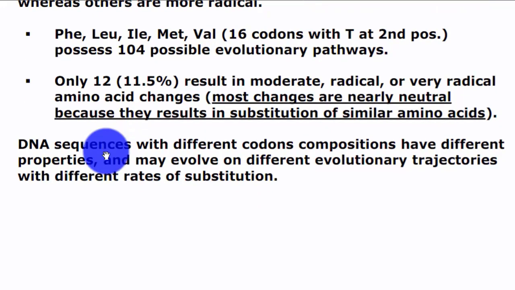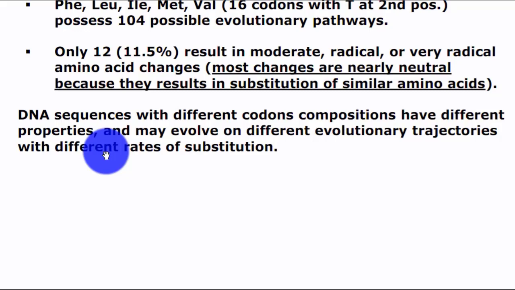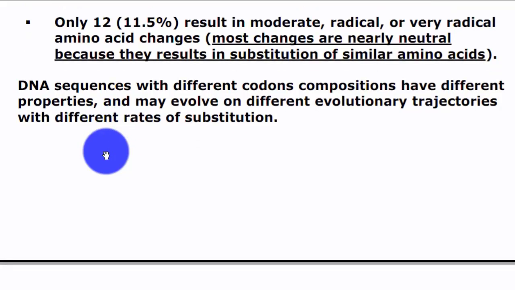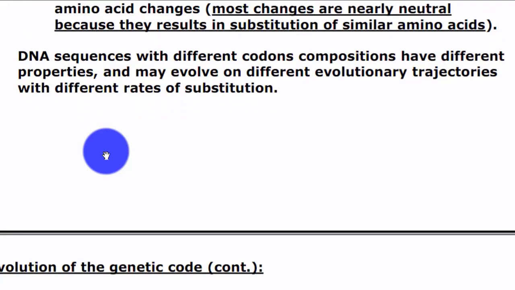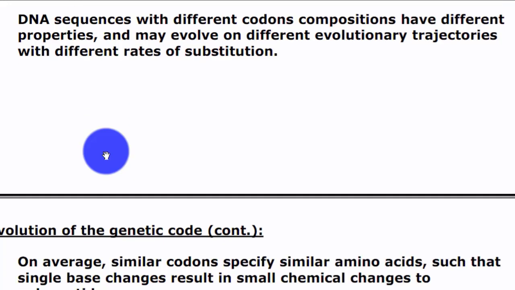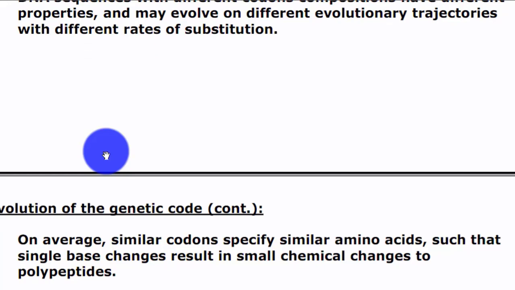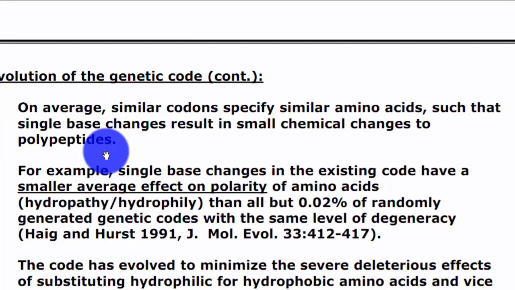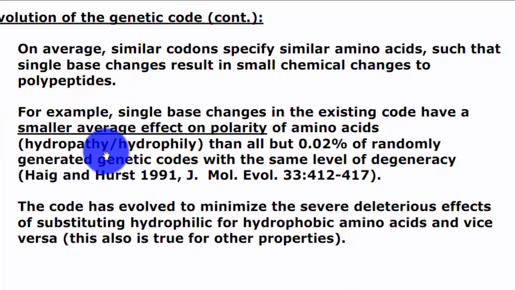Most changes are nearly neutral because they result in substitution of a similar amino acid. DNA sequences with different codon composition have different properties and may evolve on different evolutionary trajectories with different rates of substitution.